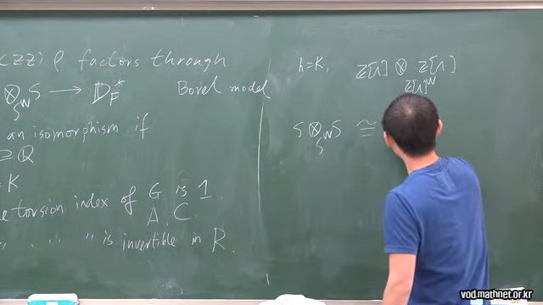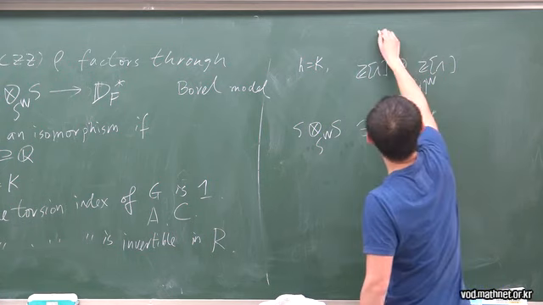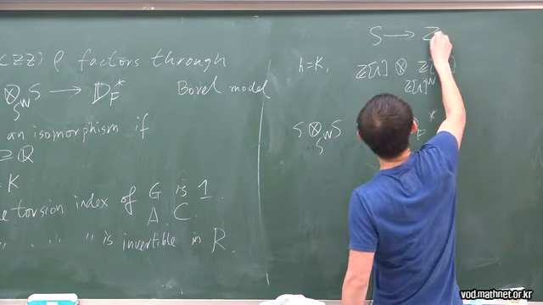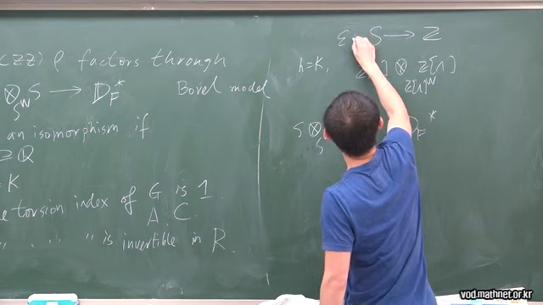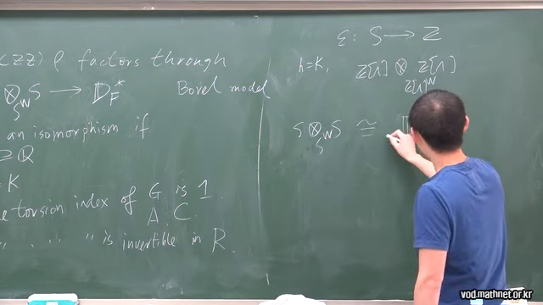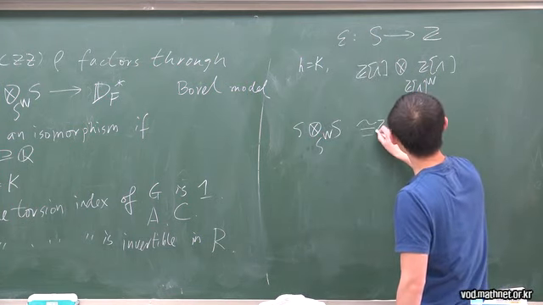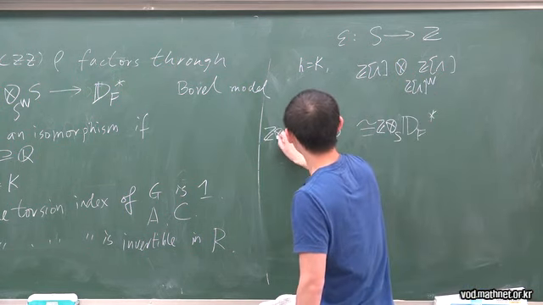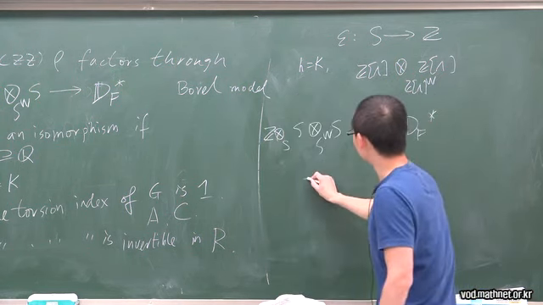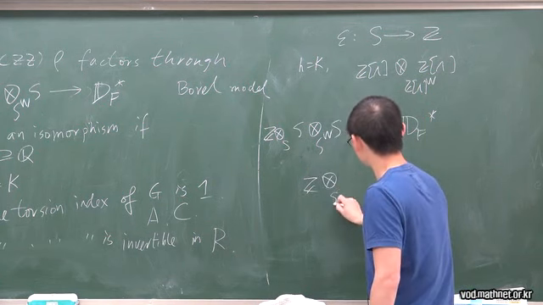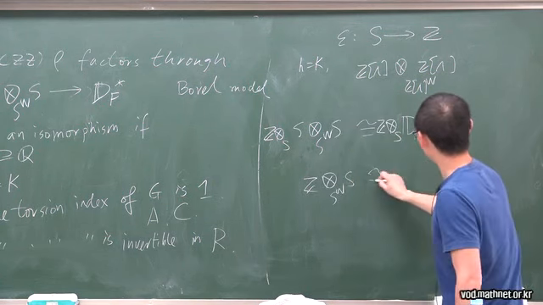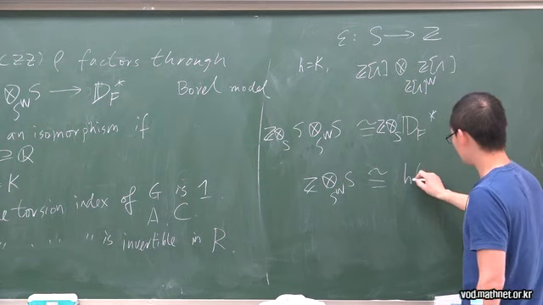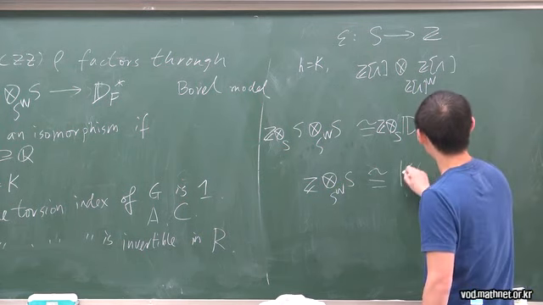Now, if you consider ordinary cohomology, that means you consider this S going to Z, this augmentation map, and now you can consider Z tensor S, Z tensor S. Then this gives you Z tensor over S^W of S, and this gives you cohomology. Instead of equivariant cohomology, you have this.